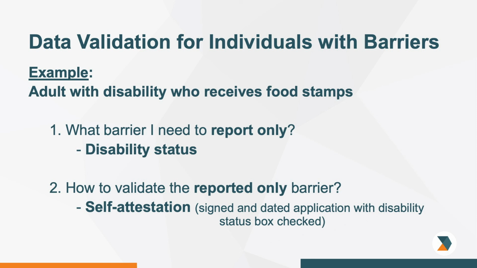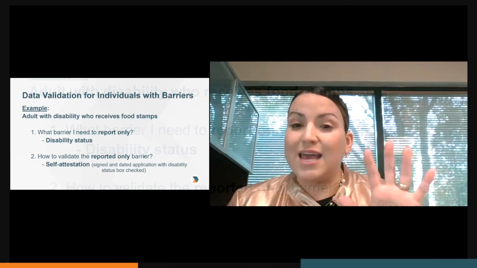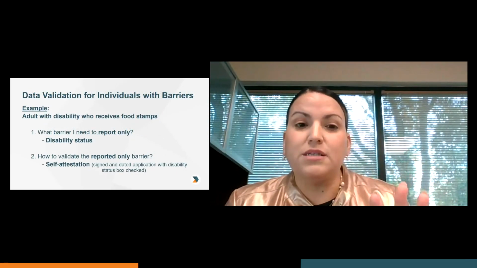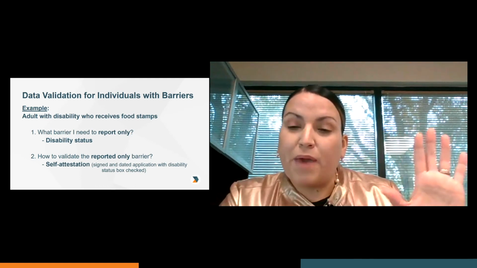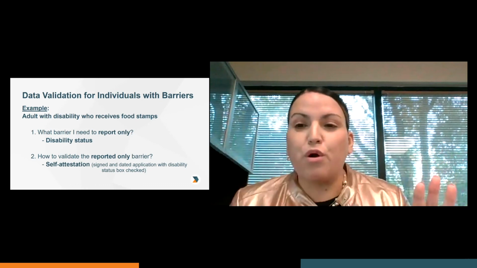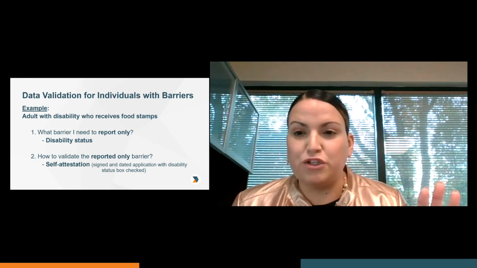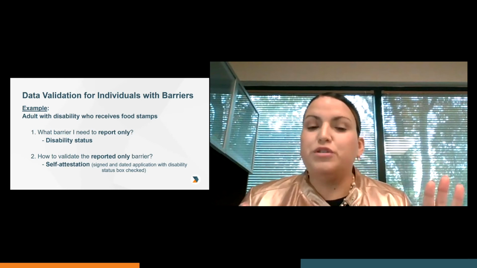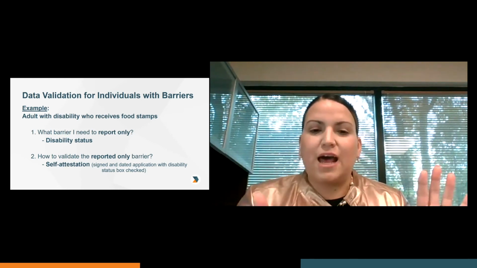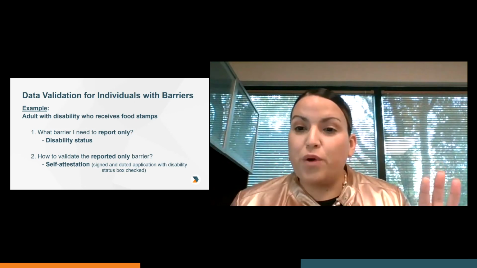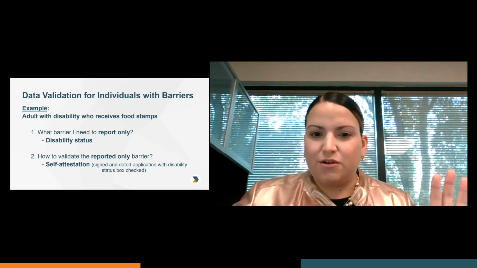I would ask for medical records if I would be using this disability barrier for my eligibility purposes. But because I am not using it for eligibility purposes, I am reporting it only. And because I am reporting that barrier only, I don't have to worry about gathering confidential information right now. I can do it through self-attestation. And self-attestation is that signed and dated application with the data element checked, right?